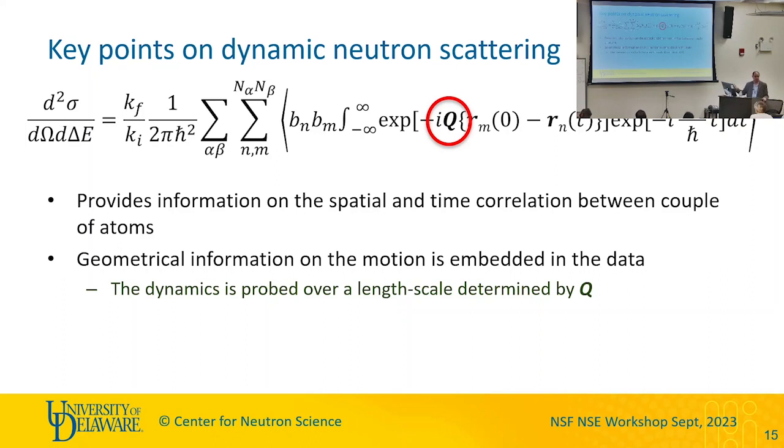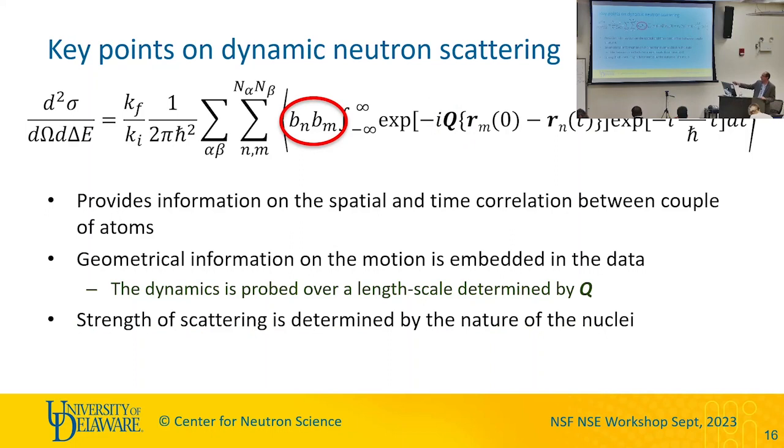So we can vary Q to probe different length scales. Is it clear, this concept? We use Q that essentially, in most cases, is just changing the scattering angle to probe the motion at specific length scales. All right? So that's how scattering methods and neutron scattering in particular obtain information about the geometry of the motion. It's by varying Q.